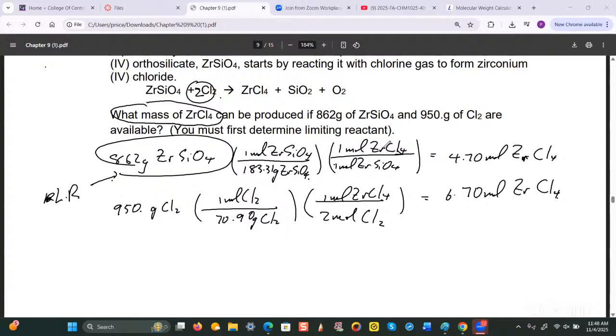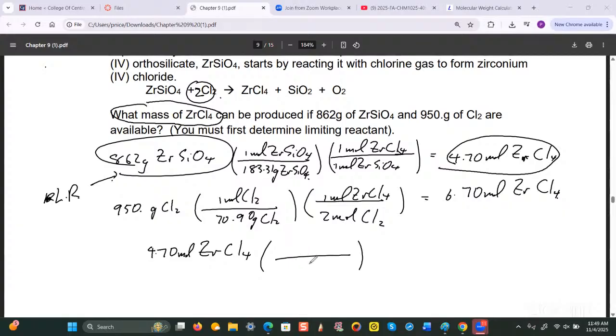Would you use the limiting reactant and the answer for the moles and multiply it by the grams of the ZrCl4 over the mole? Okay, so you're saying the moles is here. Yes, I would agree with you. So you're saying 4.70 moles of ZrCl4, and what do you do with that? Multiplied by the grams on top and then the moles on the bottom.